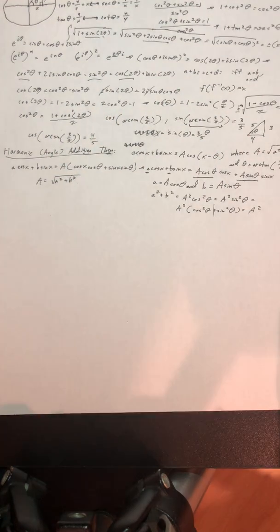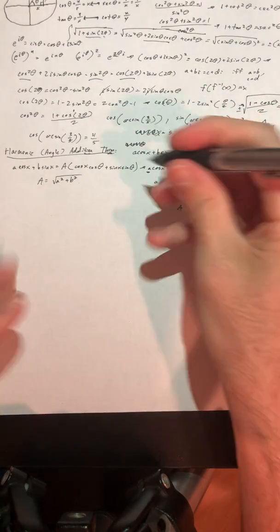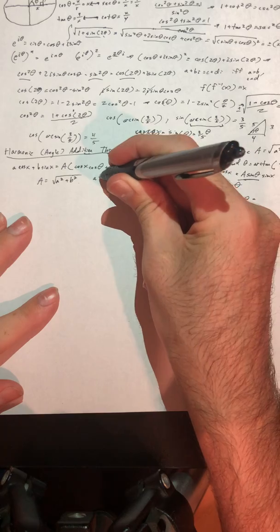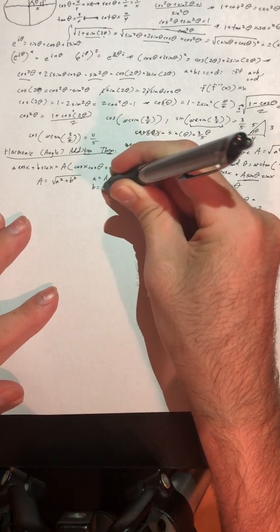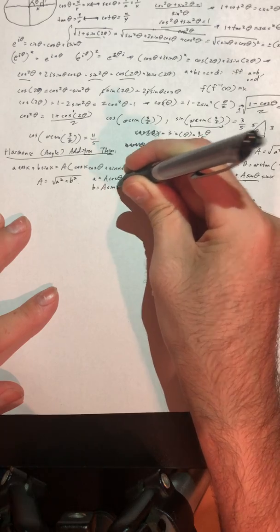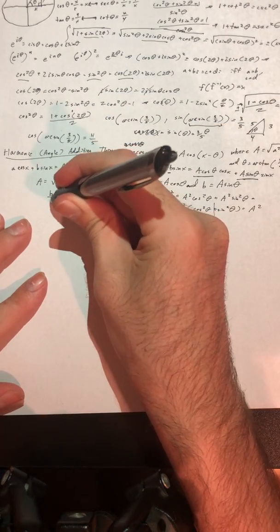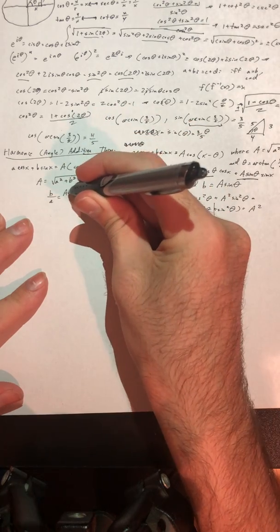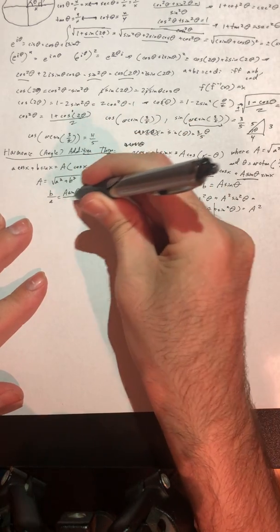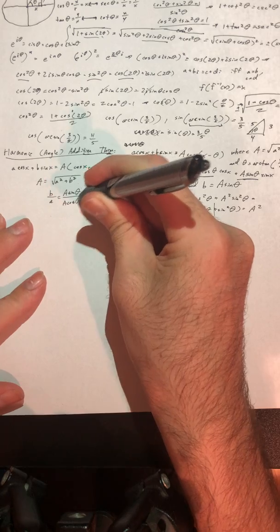Pretty cool. And then what is theta, right? Okay, so we know that we have these two conditions. a is equal to A cosine theta, b is equal to A sine theta. Now if I was to take b over a, what I would be taking is A sine theta over A cosine theta.